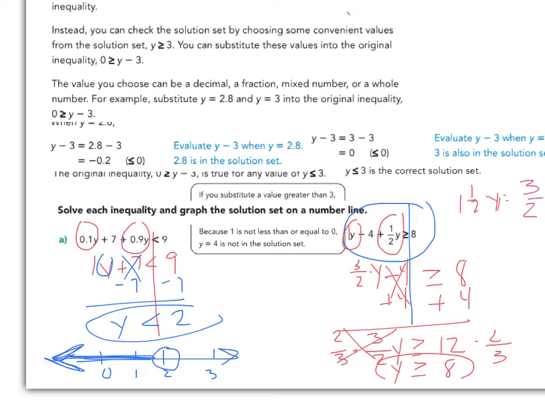So 3/2 y minus 4 is greater than or equal to 8. So we undo the subtraction of 4 by adding 4 to both sides. So I get 3/2 y is greater than or equal to 12. Undo my multiplication with division. But we don't divide fractions. We multiply by the reciprocal, which is 2/3. 12 times 2 is 24. Divide by 3 is 8. So y is greater than or equal to 8.